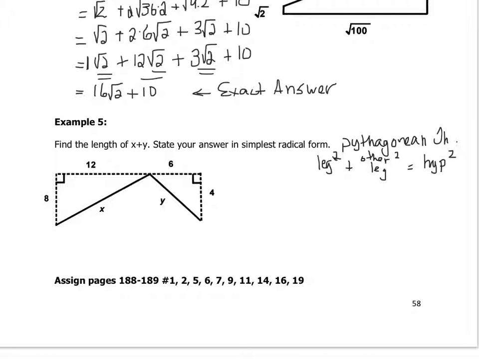So in this case, if I just come over here because I need to make some space there, we have 8 squared plus 12 squared, the two legs of the right triangle on the left here.